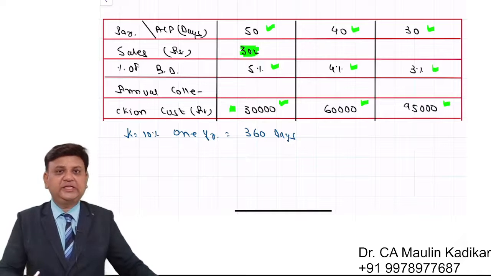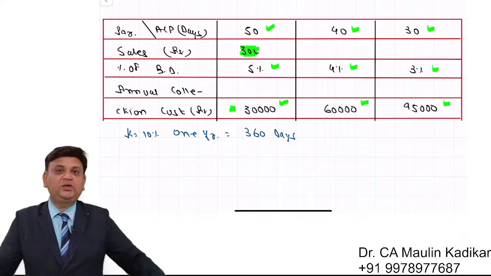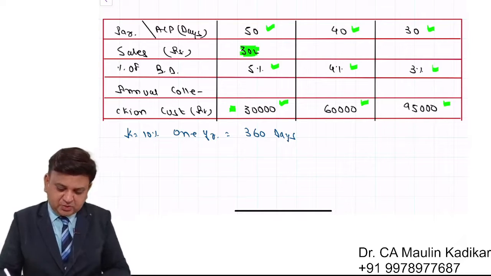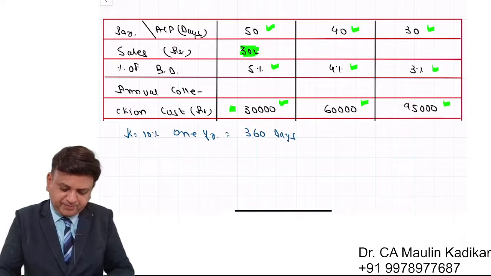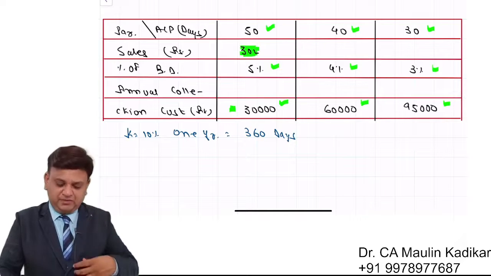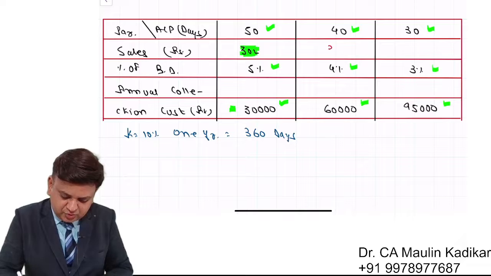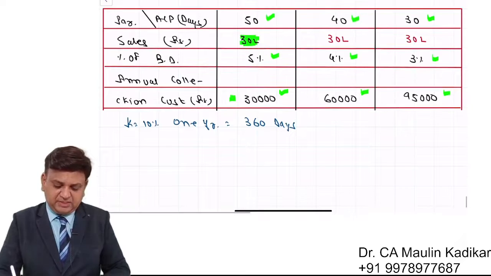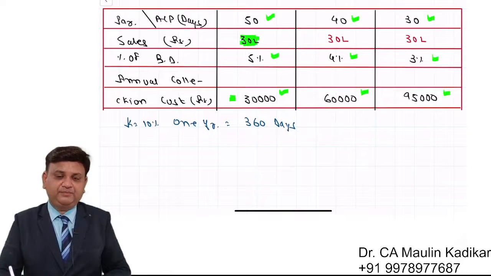I want you to write in the chat box what would be the revised sales with the new collection policy. Dear students, we will make a simple assumption that the sales value is going to remain the same.